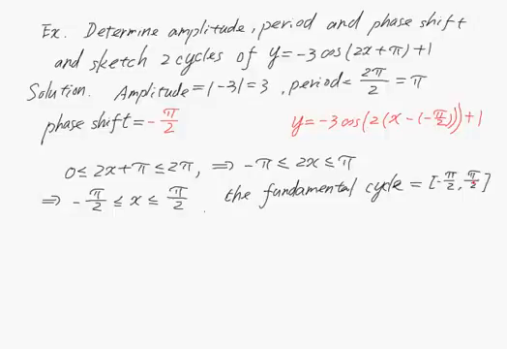Okay, now let's begin to draw the one cycle of this original function. We begin with y equals cosine of 2x, and then we do a series of transformations to get the graph of this given function.